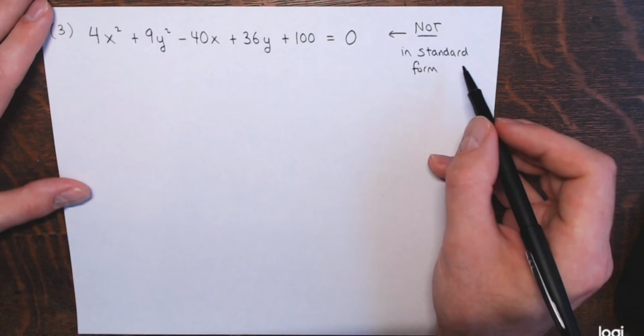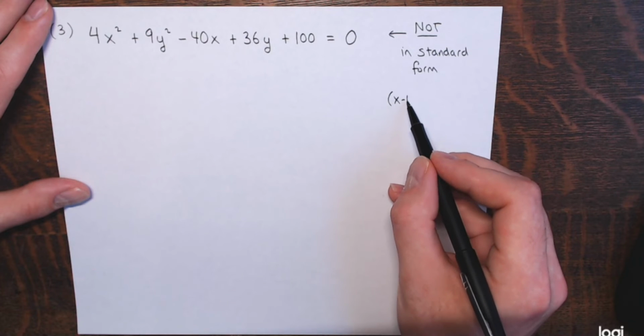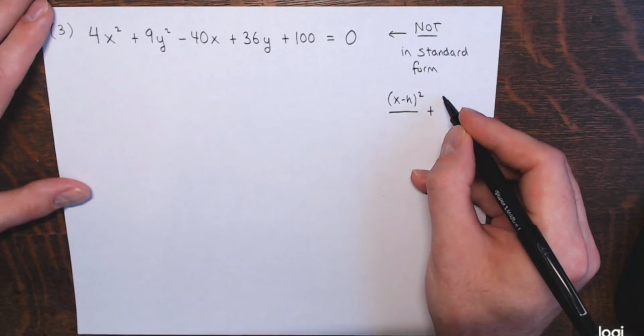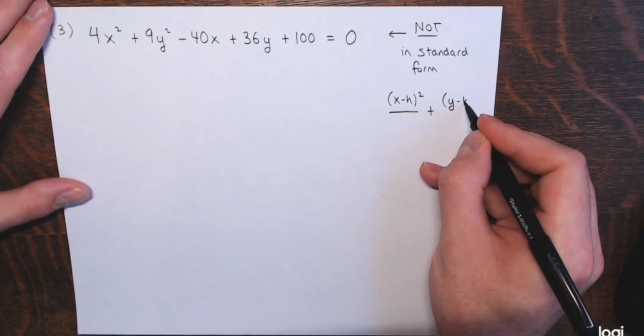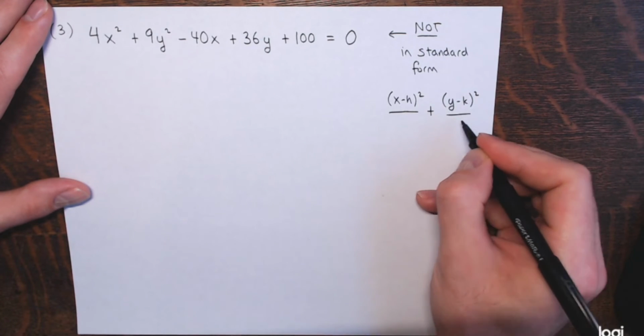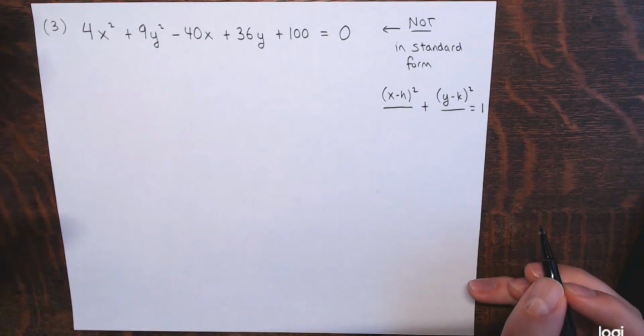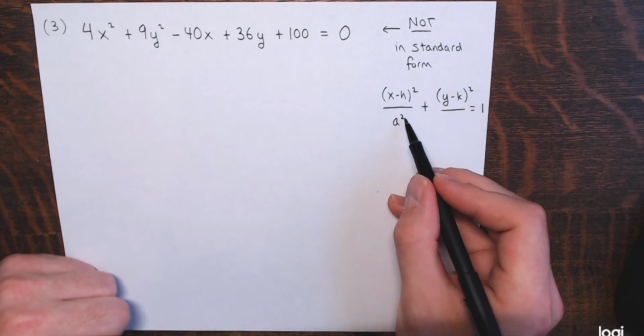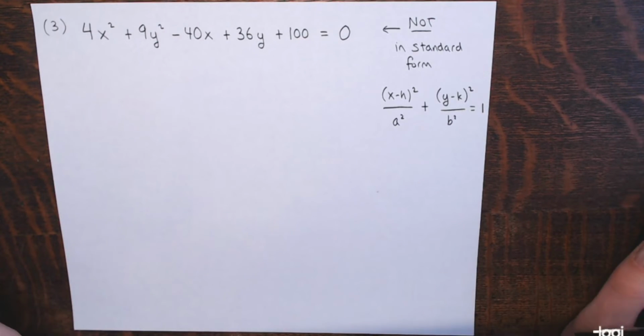Where we have some quantity with x squared over some number plus some quantity with y squared over some number equals 1. And again, we could have a squared here, b squared here, or the other way around.